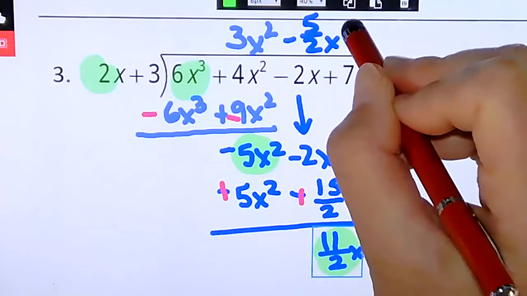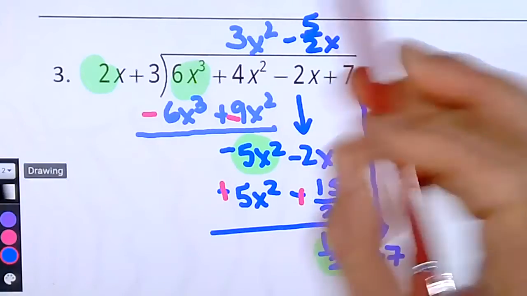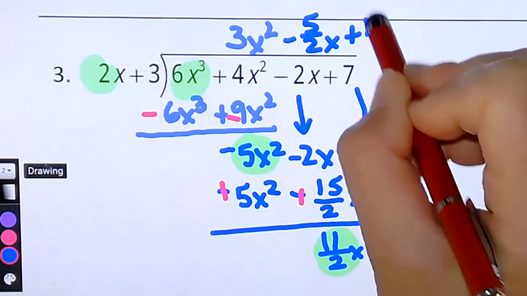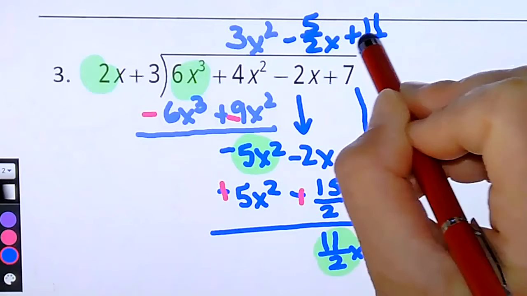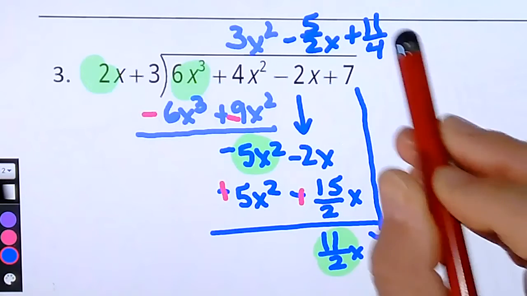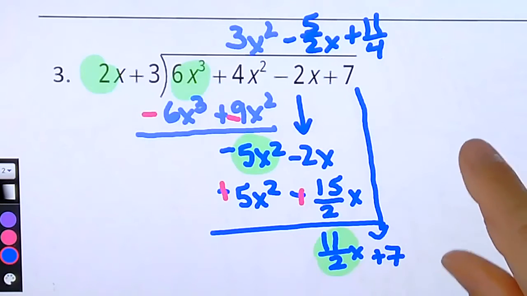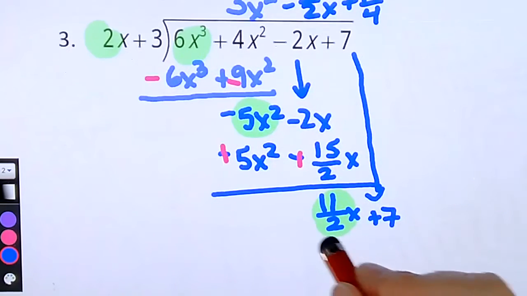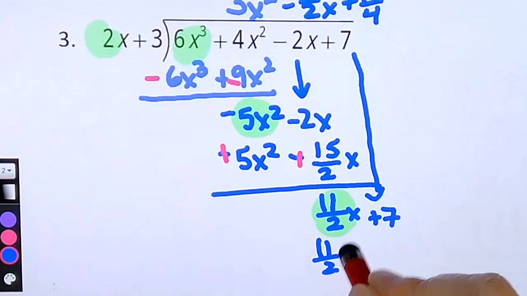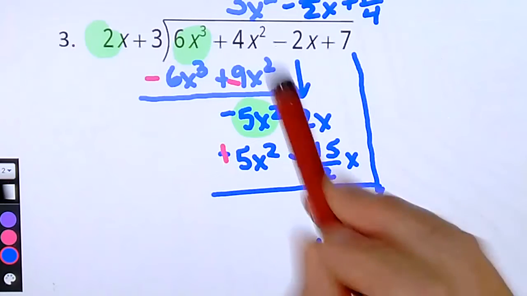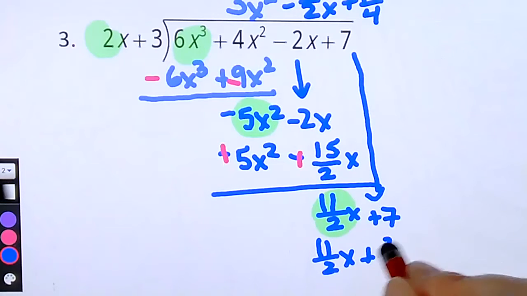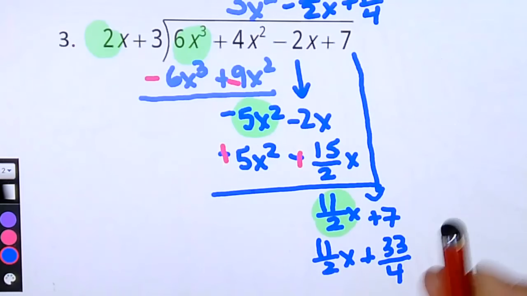So I am going to be adding an 11 fourths. And so 11 fourths times 2x is going to be an 11 halves x.